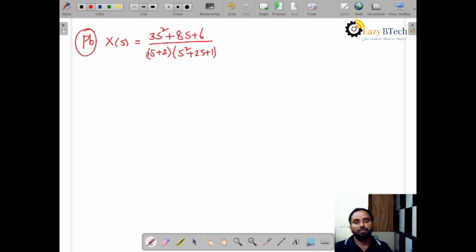So this is the given problem. Find x of t, means inverse Laplace. So this we can do using partial fractions. Directly inverse Laplace we cannot do. So we do partial fractions, then for each fraction we can apply inverse Laplace.